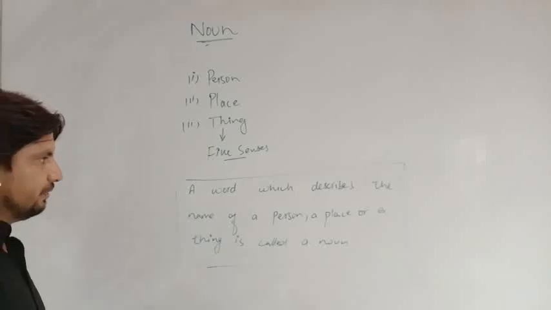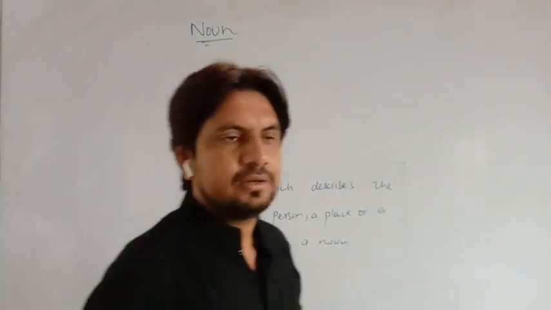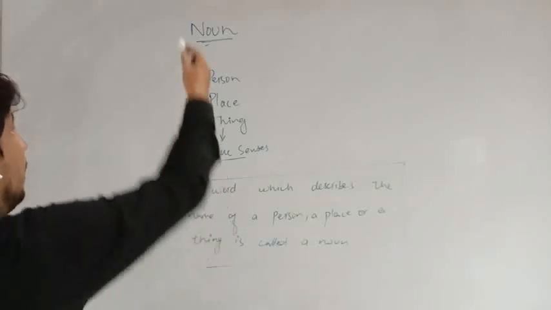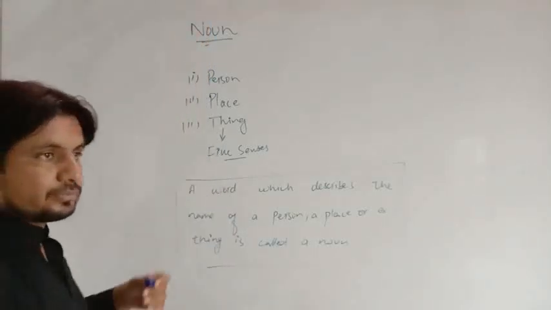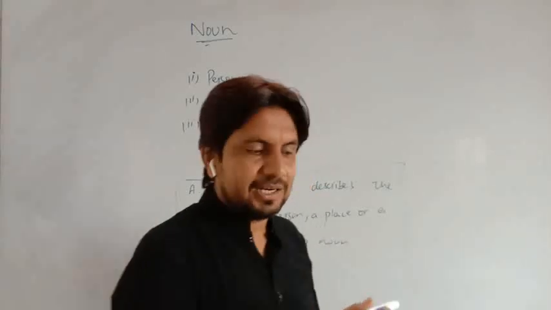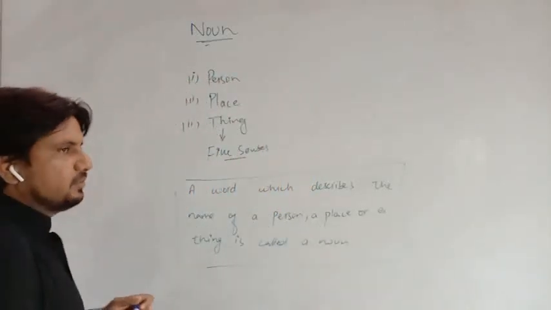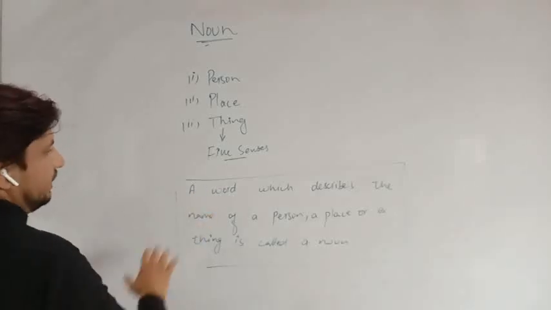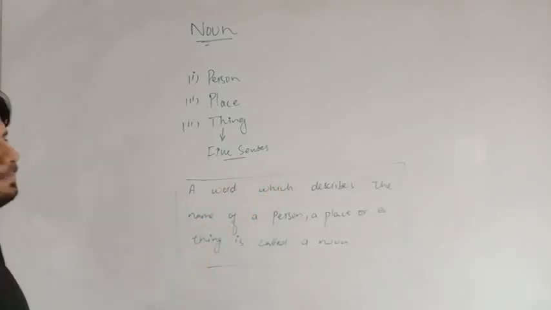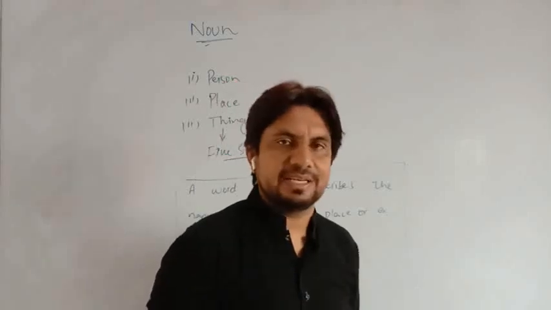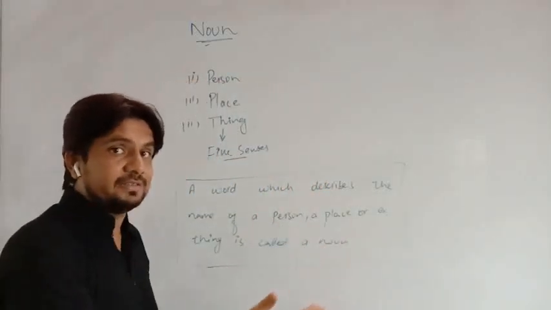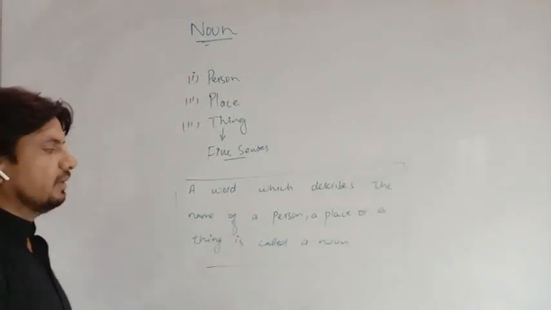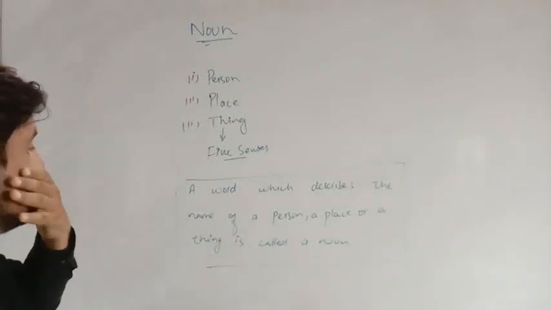A word which describes. Here we are dealing with words. All these parts of speech are words, and when we write the definition of a part of speech we must start with the word "a word", because I have already told you in my previous lecture that when words are divided into different classes or categories, those words are called parts of speech.